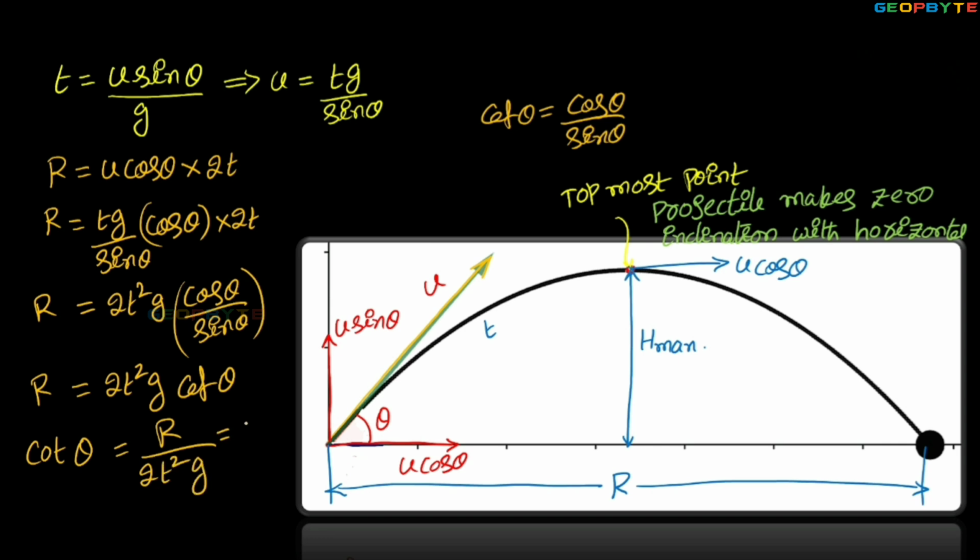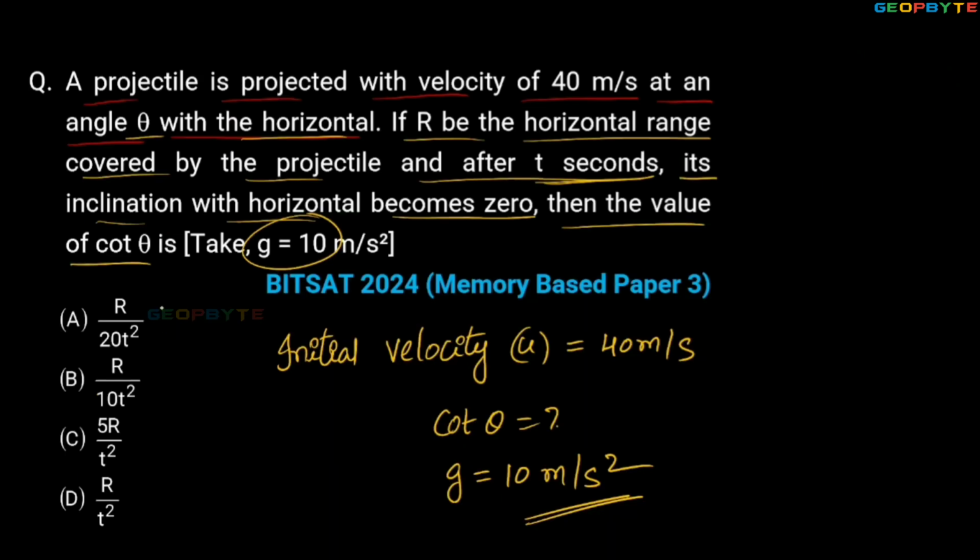It is equal to range by 2 into g value given 10 into t square. Simplify this to get R by 20 t square. That is the cot theta. Look at the options. R by 20 t square. Option A is absolutely correct.